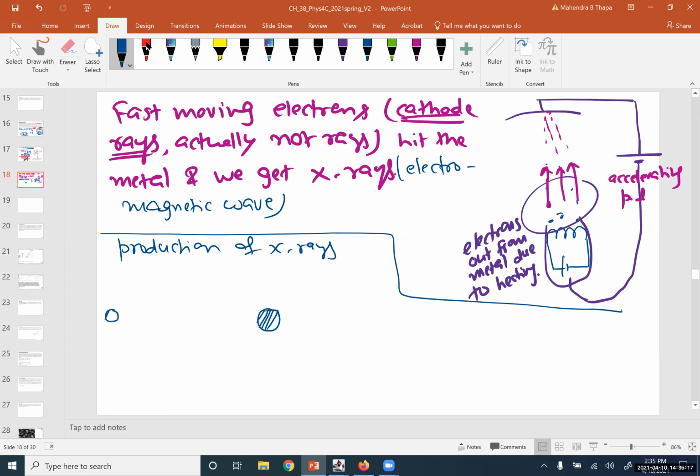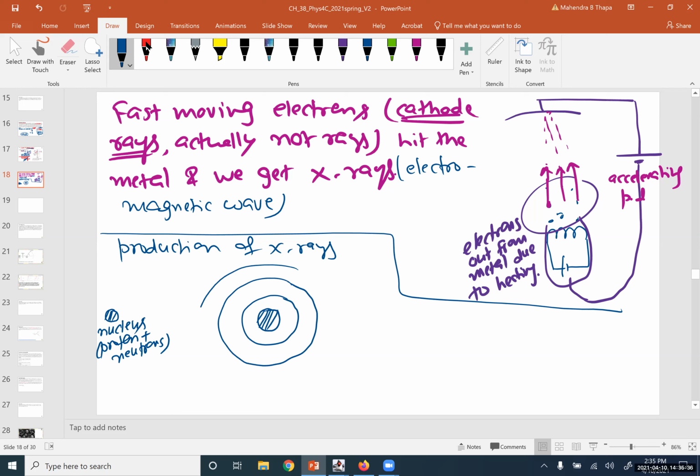Here I represent this as a nucleus. In the nucleus, you know that we have protons and neutrons, and electrons are orbiting in different orbits. Say this is the first orbit, this is the second orbit, maybe third orbit.